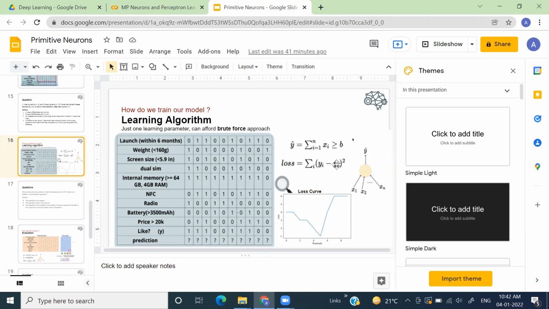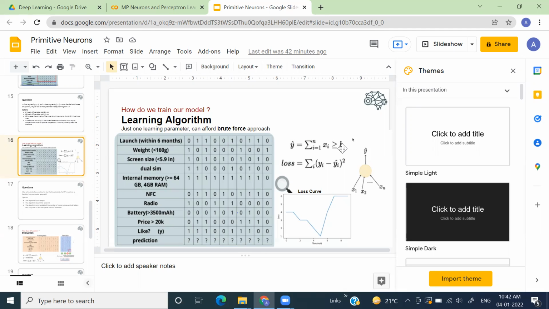So if you have thousands of features, you have to keep on doing this operation thousands of times. The point which I'm trying to bring here is, if suppose you have 10,000 input features, the optimal value of b can be any integer between 0 and 10,000.